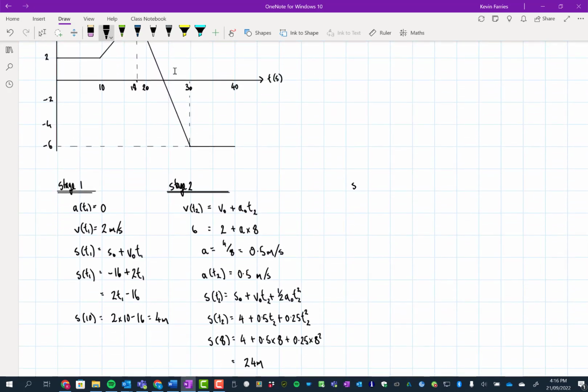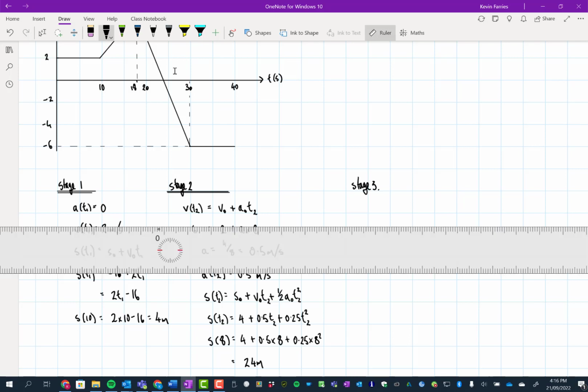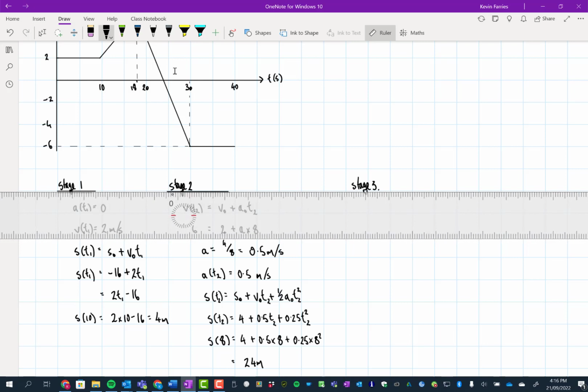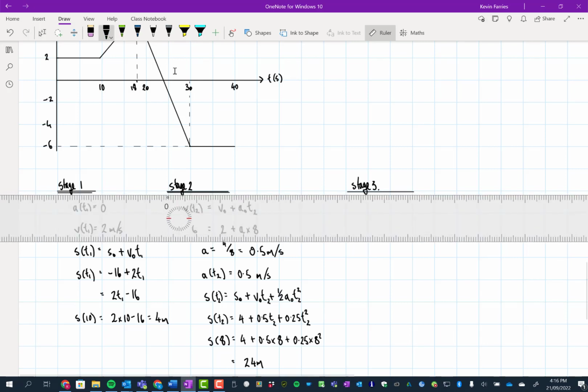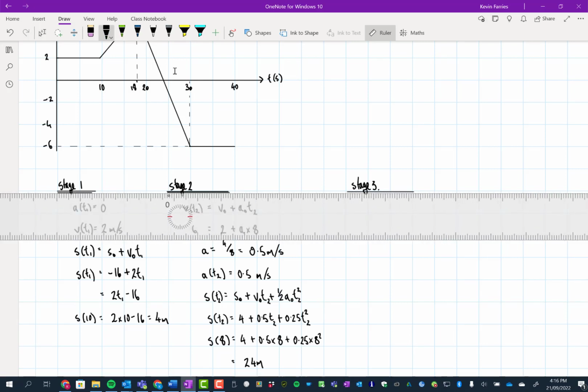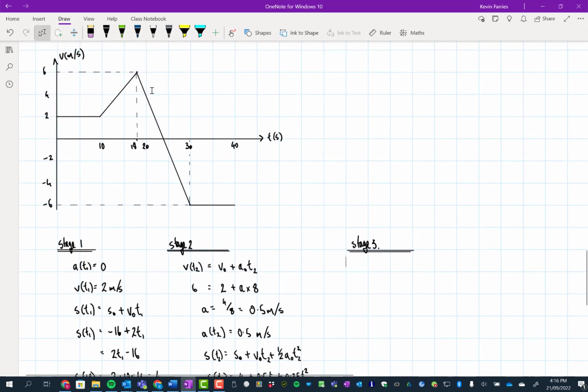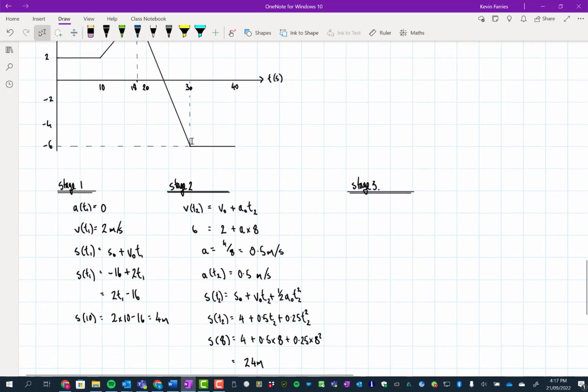Stage 3 now. This time I won't go through the equations, we're just going to figure out what that acceleration, or in this case it's a deceleration, it's going to be negative, is going to be. So at the start of stage 3, the velocity was 6 meters per second. By the end of stage 3, it's minus 6 meters per second.